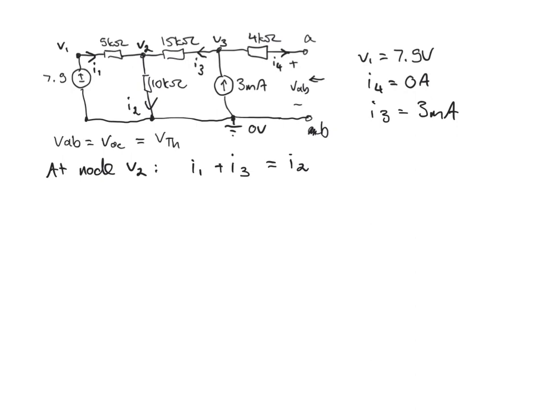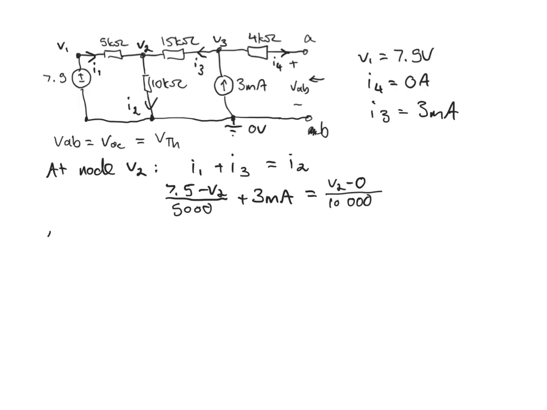So remember, V1 is 7.5 volts. So I1 is (7.5 minus V2) divided by 5 kilo ohms. I3 we saw was 3 milliamps, and that's equal to I2, which is (V2 minus our 0 volt reference node) divided by 10 kilo ohms.